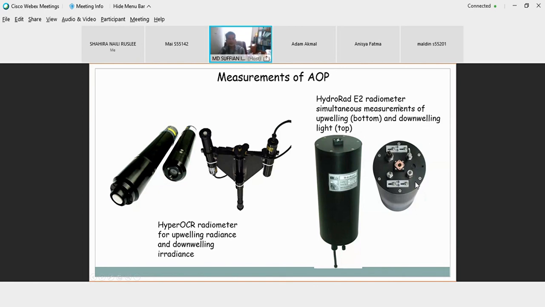Dan hydro-red itu juga kita boleh pakai untuk ukur upwelling and downwelling, sebab dia satu alat ni dia ada dua, up and down. So kalau hyper OCR yang kita ada, kita kena pakai dua instrumen yang kita attach kepada frame dan kita jatuhkan dalam air. Tapi hydro-red E2 ni dia boleh pakai dua-dua, atas dan bawah. So dalam satu alat dia boleh measure dua quantities of spectrum.